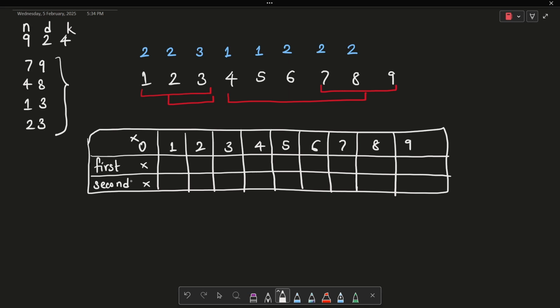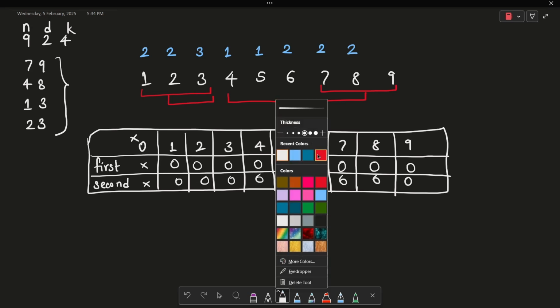Similarly, the second element of the pair in the vector will tell me if there is a job ending on this particular day or not. Initially all these values will be 0. Fine. Now let's suppose I'm taking the example of this job 7 and 9.